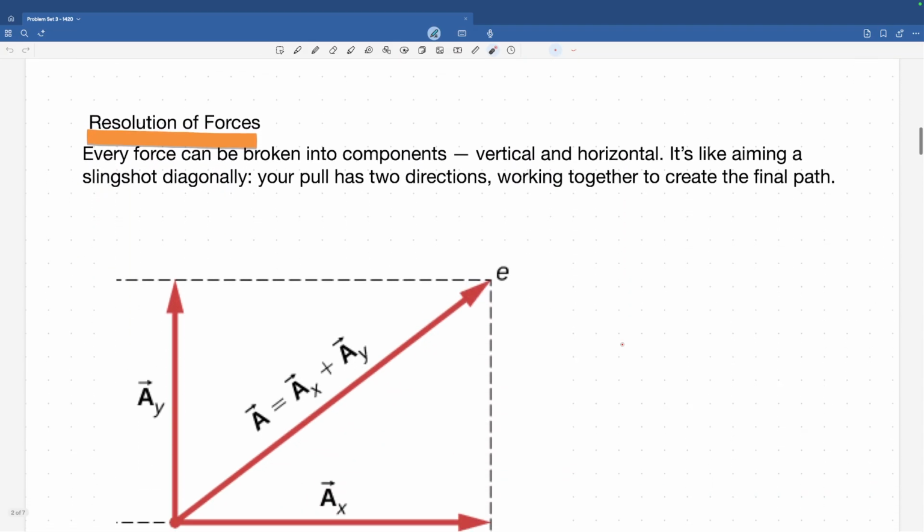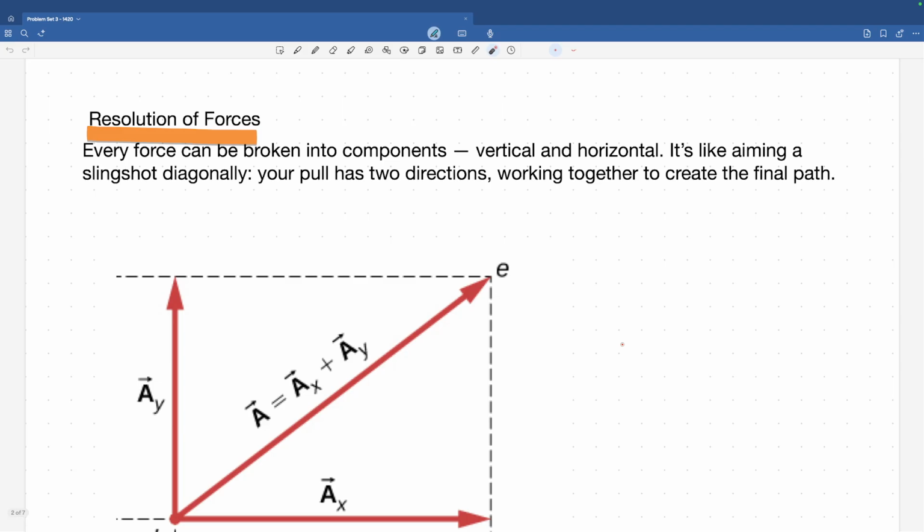Number 3, you have to know how to break a force into its components. Now this is called resolution of forces, and unfortunately a little bit of trigonometry comes in. But I'll keep it simple.